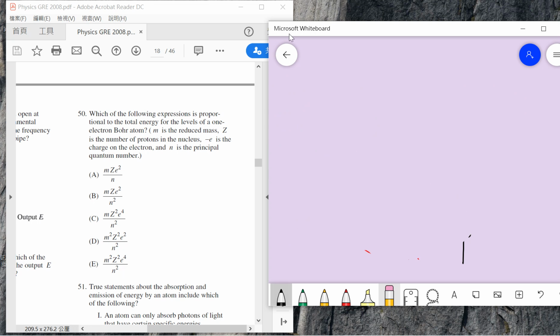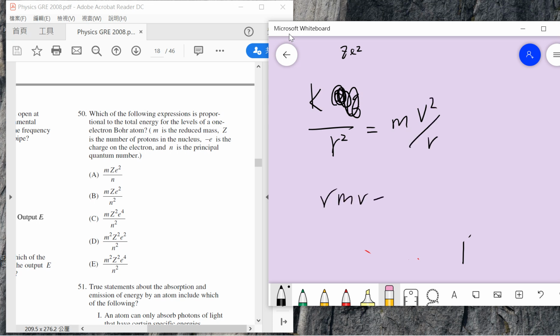So basically, all you have is kQQ divided by r squared equals, in this case, Z e squared, so you have mv squared over r, and r m v is n h bar. Usually we solve these two equations, and then we can get the v, and once we get v, then we know the total energy.